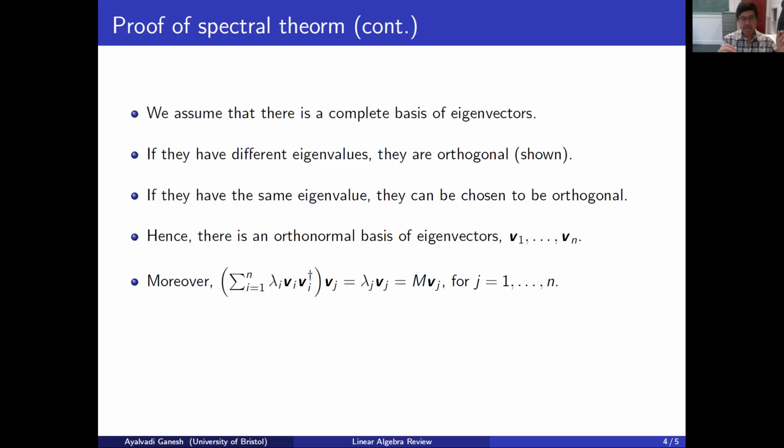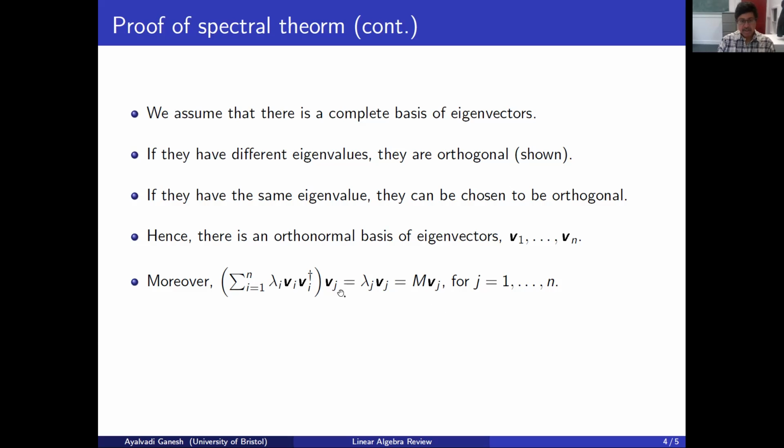They are the same if A maps X to the same point as B maps X for every possible X. So you want to show that this linear map acting on X is the same as M acting on X for every possible vector X. Have we done that? Well, we've done that for some vectors. We've done that for eigenvectors v_j for each possible j. So we've done it for every eigenvector of M.